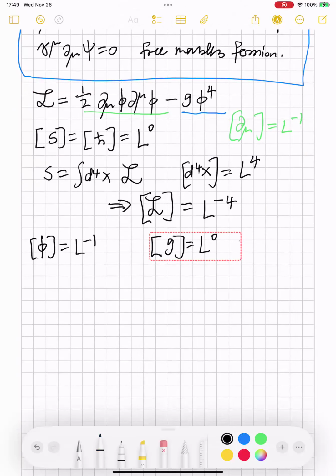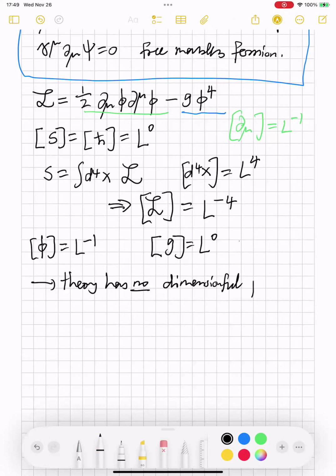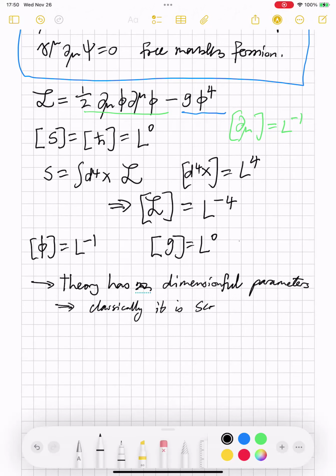So this theory has no dimensionful parameters. And that means, at least classically, it is scale invariant.